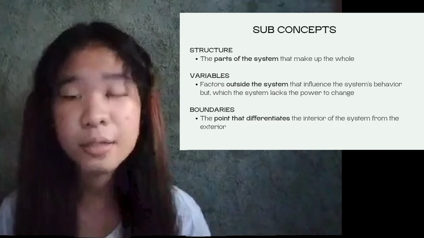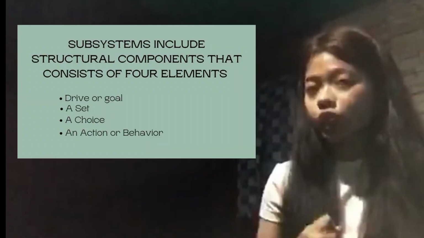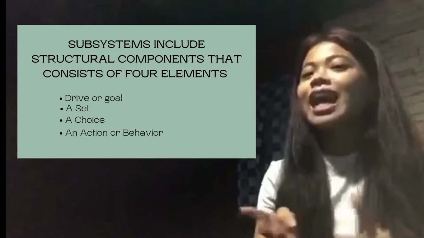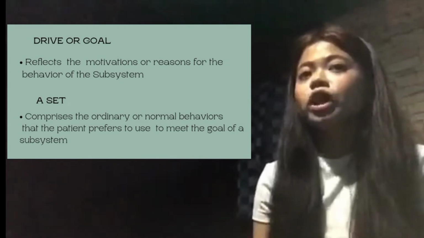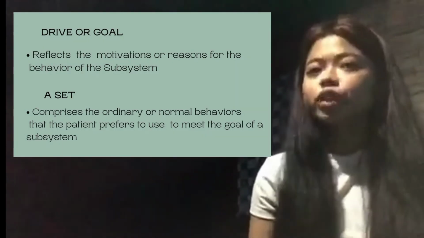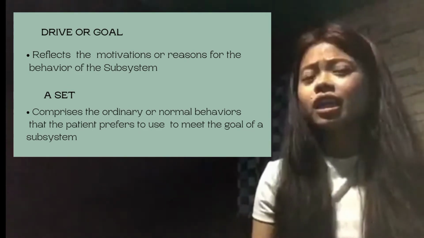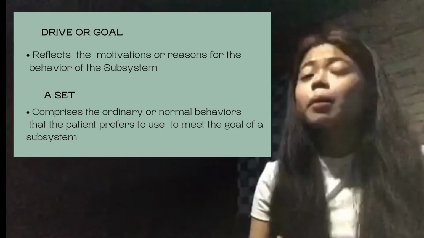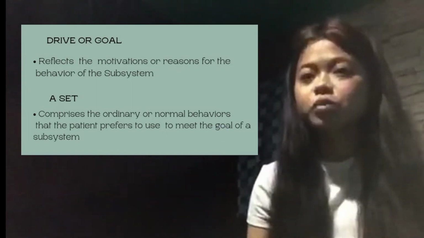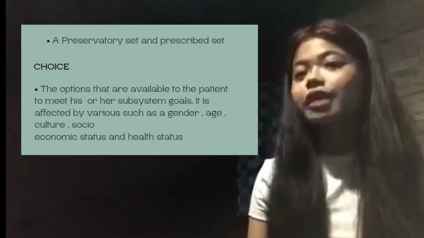Subsystems include structural components that consist of 4 elements: the first is a drive or goal, the second is a set, the third is a choice, and the last is an action or behavior. Let's start with drive or goal. Drive or goal reflects the motivations or reasons for the behavior of the subsystem. Second is a set. A set comprises the ordinary or normal behavior that the patient prefers to use to meet the goal of a subsystem, and it consists of a preservatory set and a prescribed set.